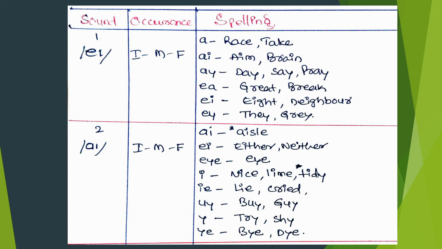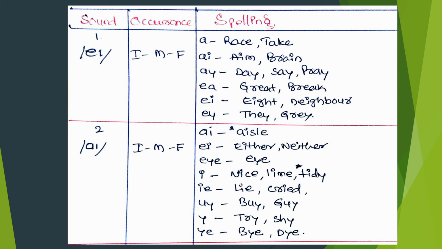How can you say this one? Ice, initial. Medial in the words such as BITE, bite. Finally, such as BUY, buy. Okay, so you can write its description as well as a few more examples for initial, medial and final.